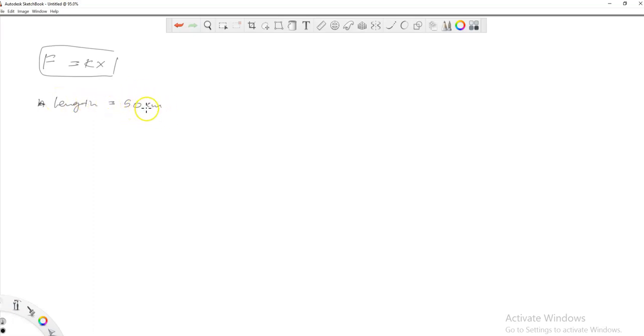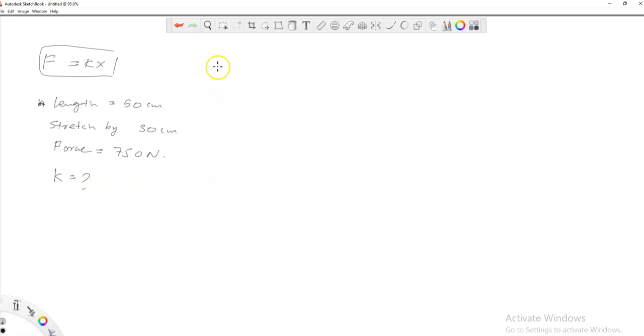Normally we don't need this in our calculations, and you stretch it by 30 centimeters, and at 30 centimeters you have to apply a force of 750 newtons. To keep it stretched at 30 centimeters, you have to hold it with some force, so that force is 750 newtons. So the question is, what's the spring constant?